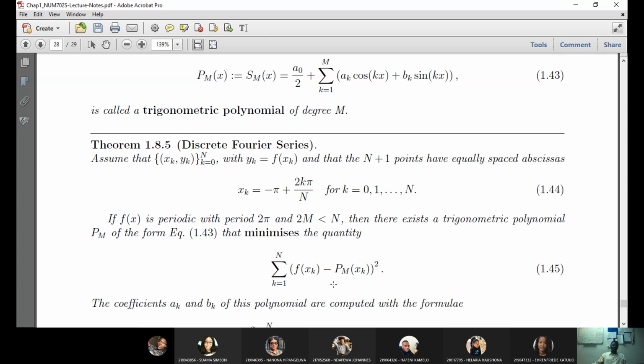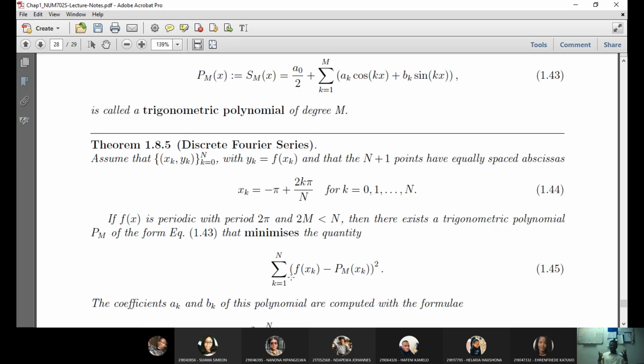So we will try to fit or approximate that function using a discrete Fourier series, that is, a trigonometric polynomial of degree n. You can see for yourself that this is our least square approximation.